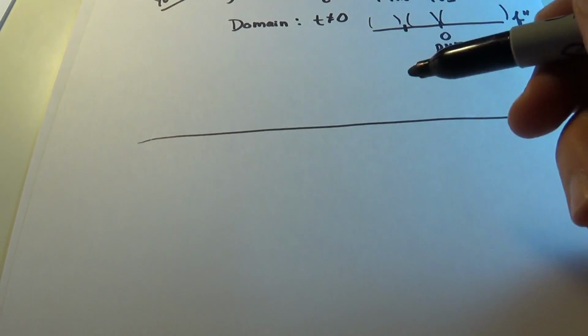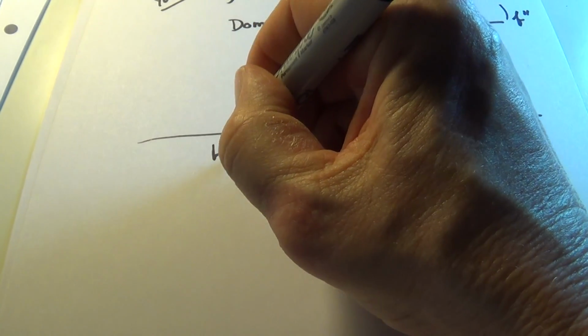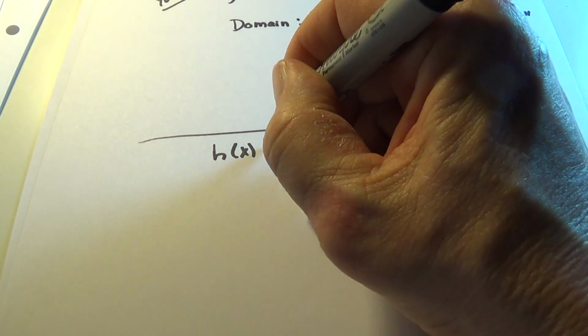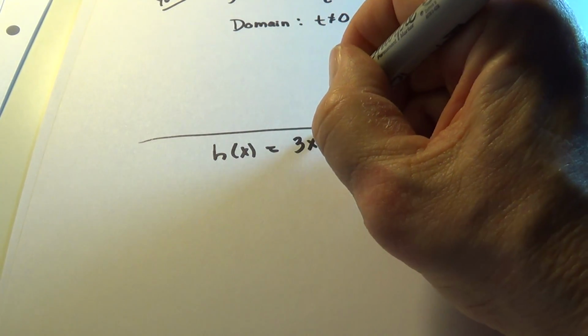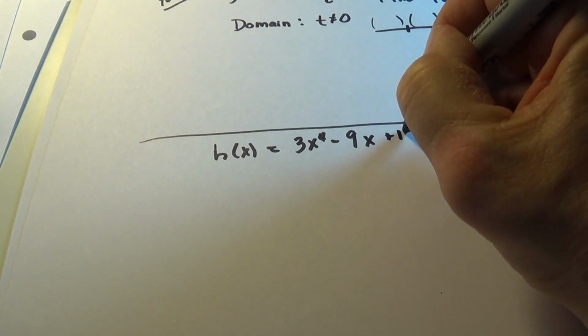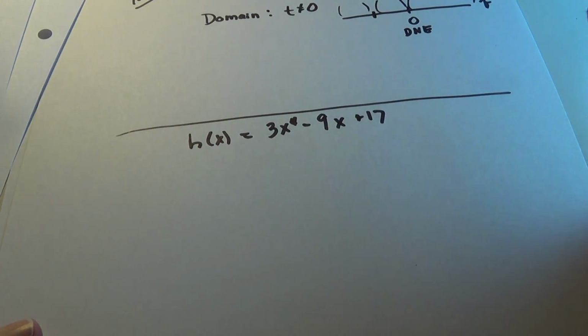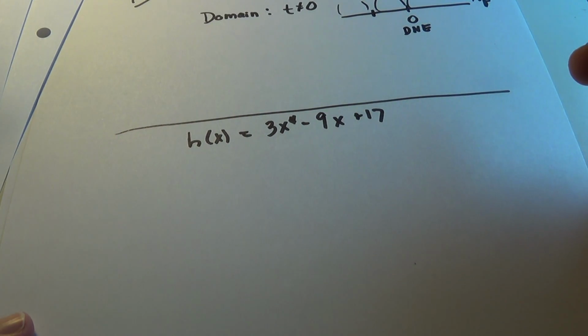And now I'll finish with one. And the one I'm going to do is h of x equals 3x to the fourth minus 9x plus 17. So I'm going to take that one, same directions, find concavity and points of inflection.